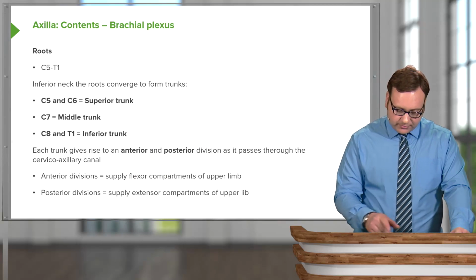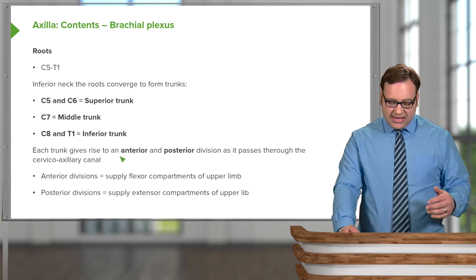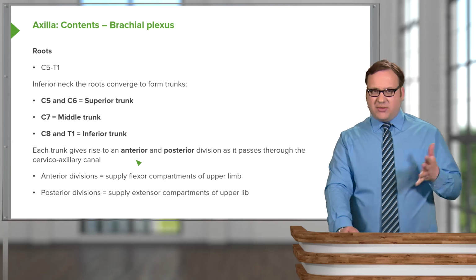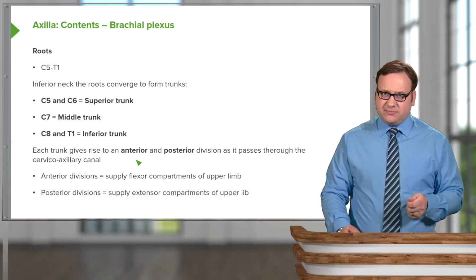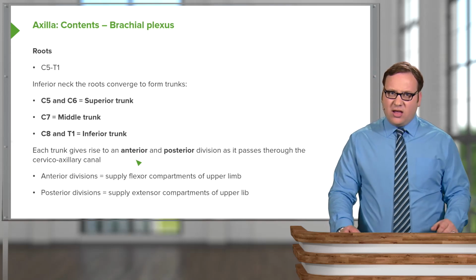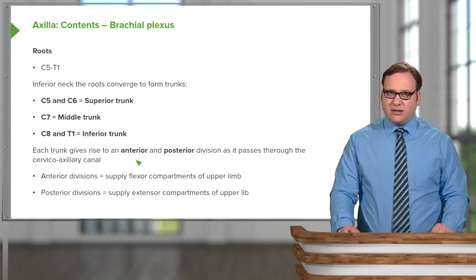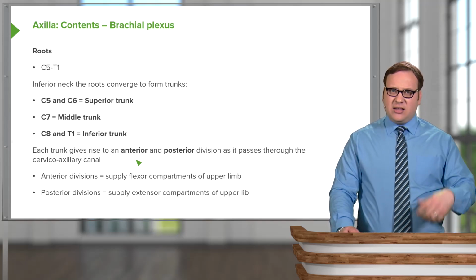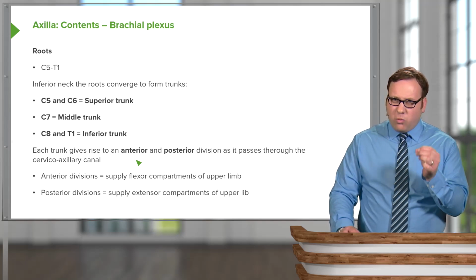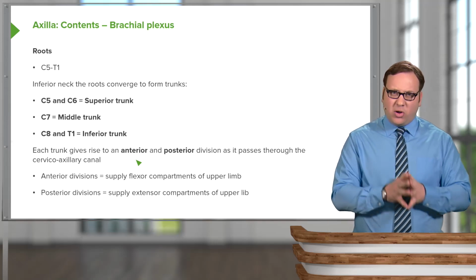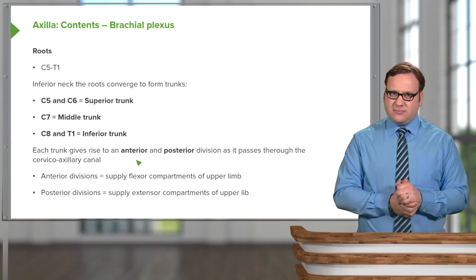If we go back, we can now see that each of these trunks gives rise to an anterior and posterior division. It happens as we pass through the cervico-axillary canal. So as we pass through the cervico-axillary canal, these trunks, each one of them, is dividing into an anterior and into a posterior division.